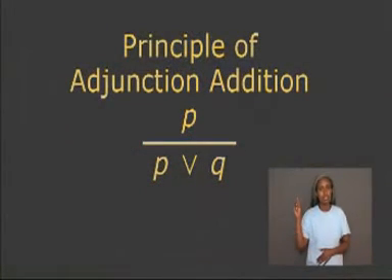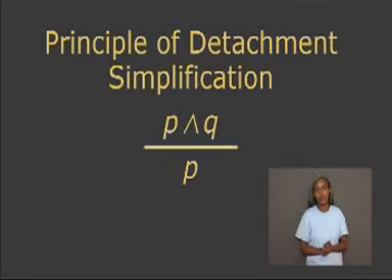This is the principle of adjunction addition. It states that if P is true, then P or Q is also true for any proposition Q. This is the principle of detachment simplification.